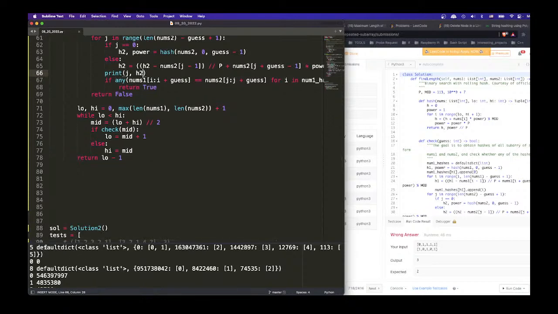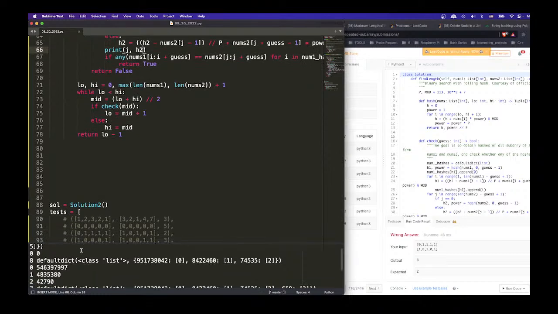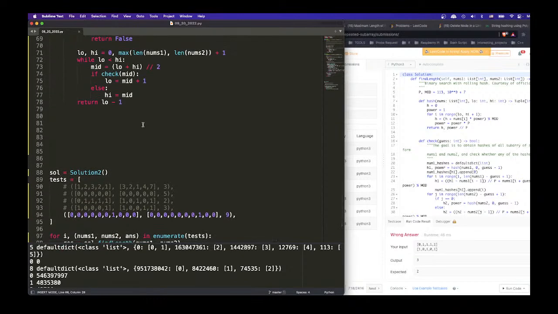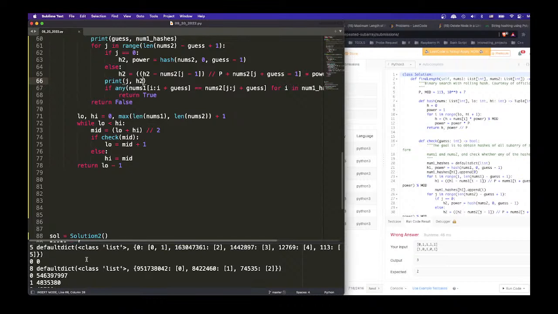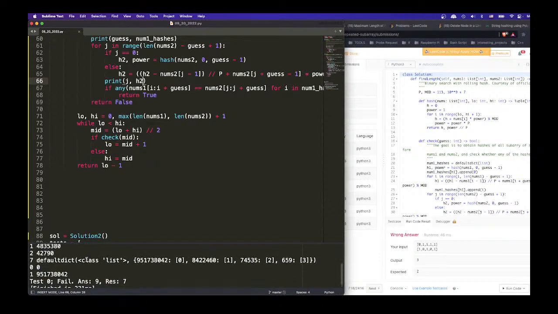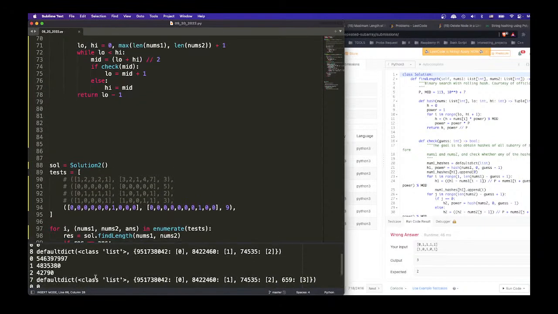We start with 5. Yes, we start with 5. And then we go to 8. Then we go to 7.